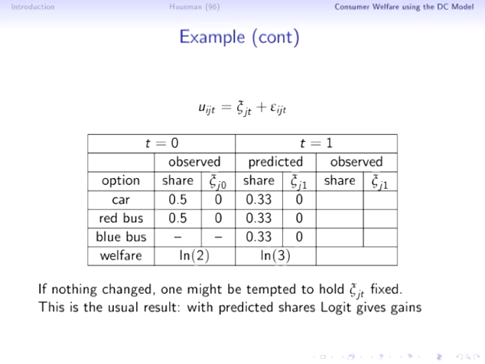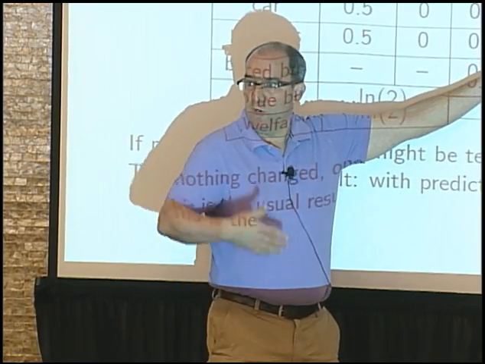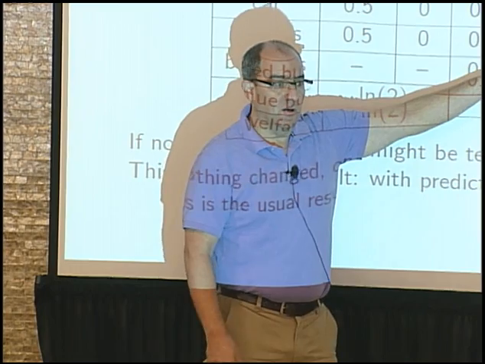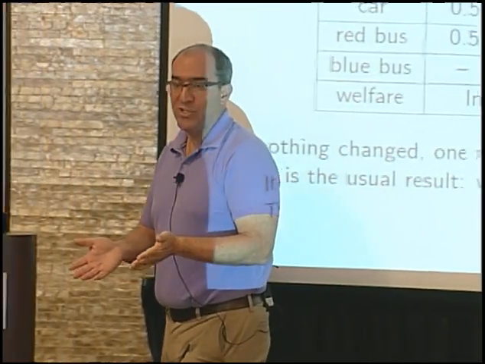Car didn't change. It was 0 psi before, so it's going to be 0 now. Red bus was 0 before, so it should be 0 now. That's what the Logit model would say. I'm going to predict that the psi of a red bus should be 0, and since red bus and blue bus are the same, the blue bus should also be 0.